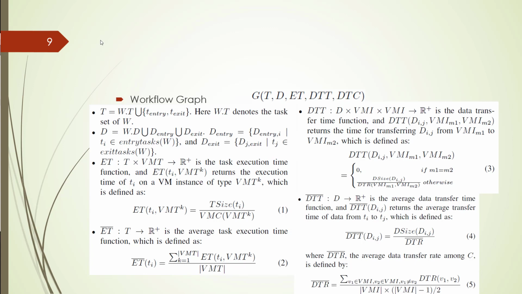The average data transfer rate among the cloud is defined by the summation over all virtual machine instances, where V1 belongs to the virtual machine instances and V2 belongs to the virtual machine instances, where V1 and V2 are not equal, of the data transfer rate between V1 and V2. Let's sum all of them and divide by the number of virtual machine instances times the number of virtual machine instances minus 1, divided by 2. That is the average data transfer rate.